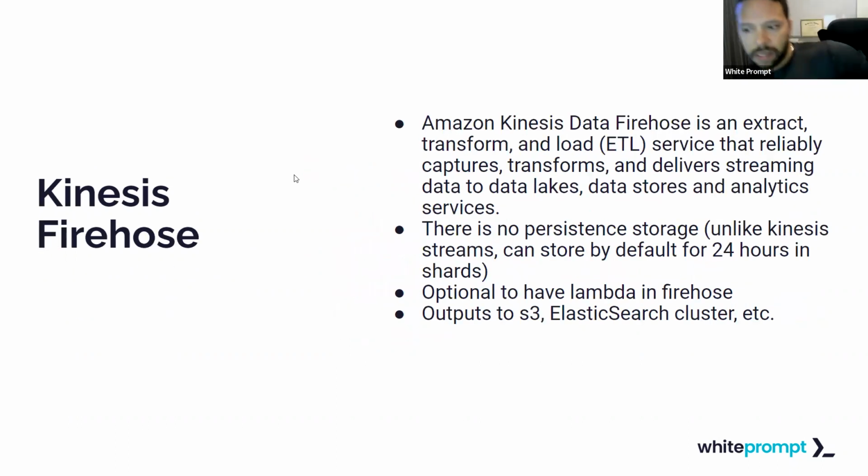I'm going to talk a little bit about Kinesis Firehose and data analytics, but I'm going to focus mostly on data streams, because it's what we've applied the most in our projects, and I believe, along with analytics, data streams are probably the most complex ones.